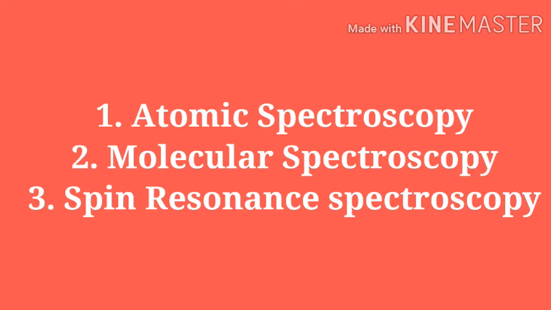By analyzing those radiations, we can analyze the kind of molecule or the kind of bond, and the nature of that bond present inside the molecule. And in the third case, we have spin resonance spectroscopy. We have electron spin resonance and nuclear spin resonance spectroscopy. It is based on the spin resonance nature of different nucleons or electrons.